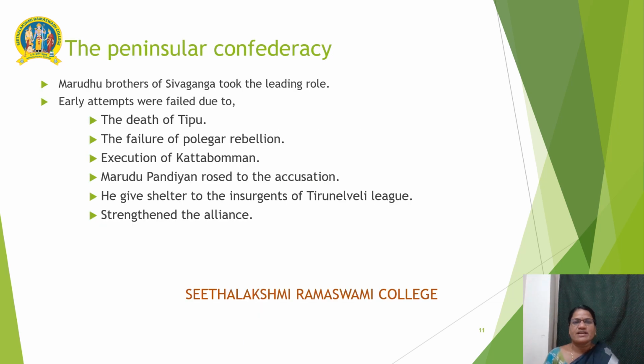The Peninsular Confederacy. The Marudu brothers of Sivaganga took the leading role. Early attempts failed due to the death of Ipu, the failure of the Palayakkar rebellion, and the execution of Kattabomman. Marudu Pandyan rose to the occasion. He took the initiative for the Tirunelveli League and strengthened the alliance.